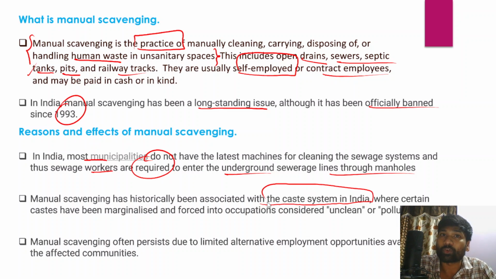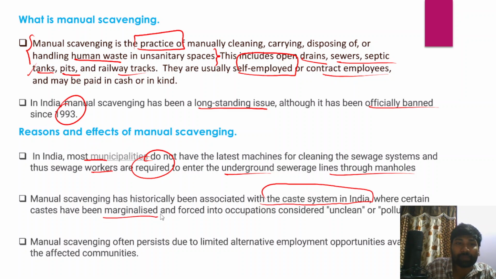And it is very unfortunate that we do not develop technology, or even though there is a technology, we have not focused adequately by providing adequate funding to those technologies, so that human beings who are cleaning this human excreta can be liberated from this, right? So they can be free from cleaning these sewerage systems.